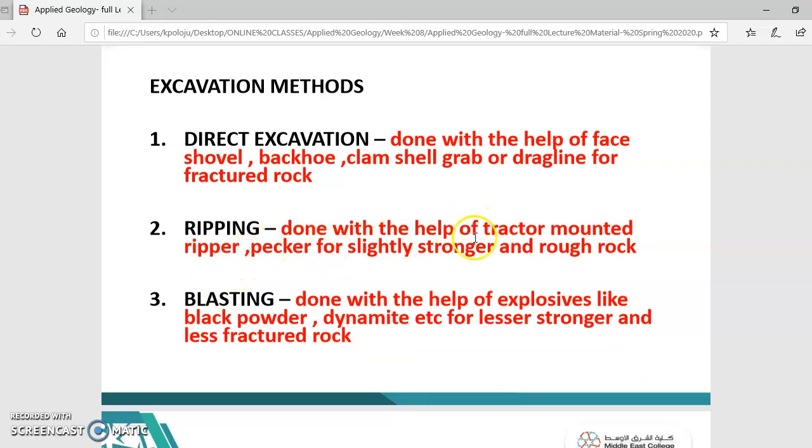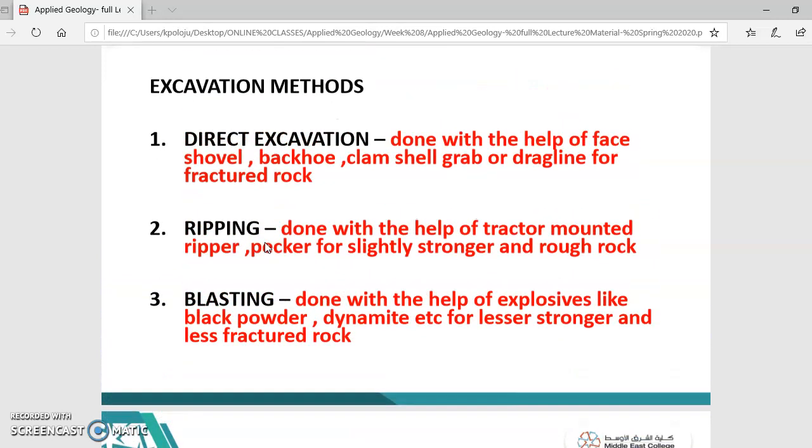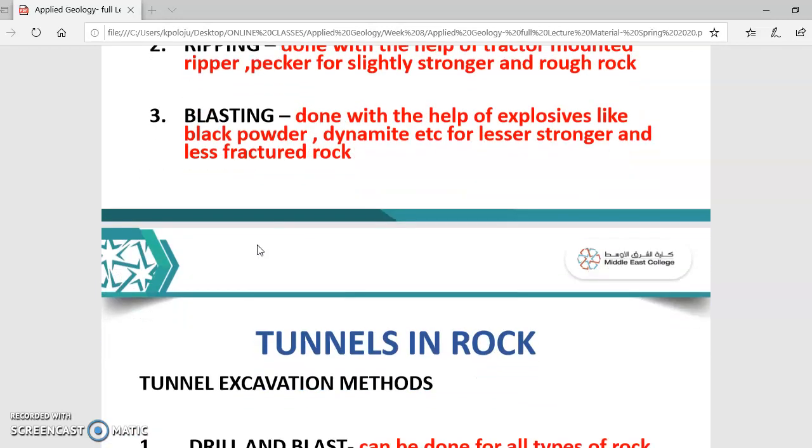Ripping is done with the help of tractor-mounted ripper kinds of machinery. Blasting is done with the help of explosives like black powder or gunpowder, dynamite, etc., for less fractured, stronger rock. These are the different methods of excavation. Depending upon the situation, the type of method is executed.